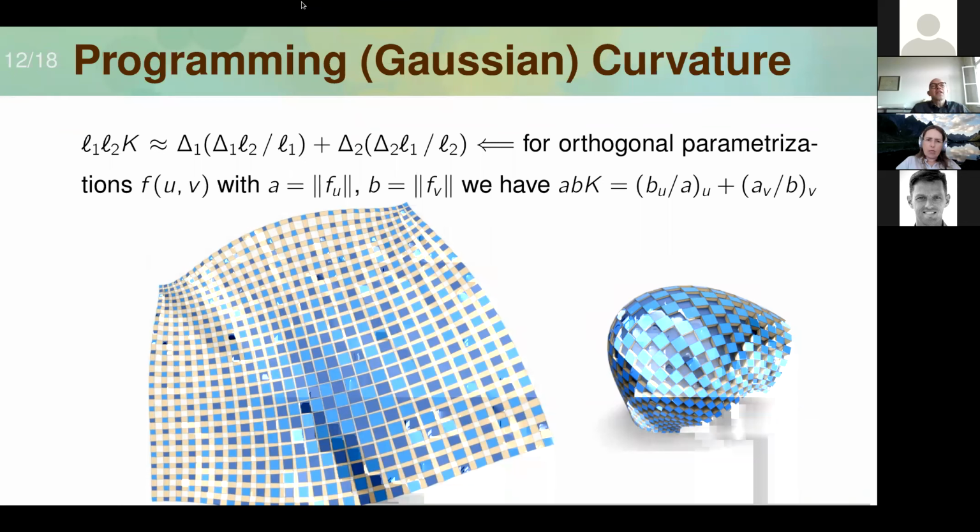So we have this expression, for L1 and L2, that is the edge length in the two different directions in the mesh, we have the relation with Gauss curvature. Now that is just a numerical approximation. This is not Gauss curvature in the sense of discrete differential geometry.